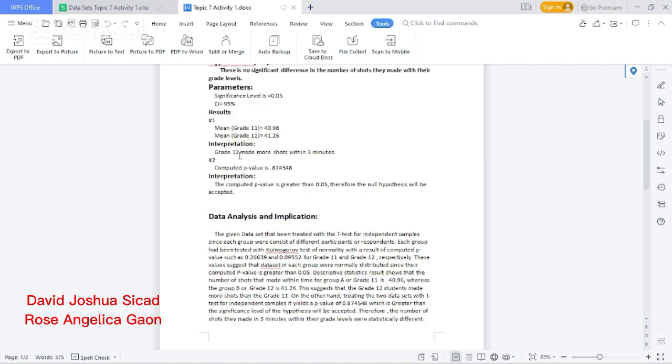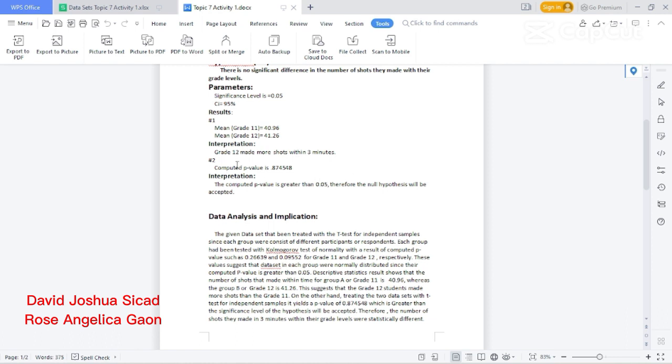The results: mean 1, or grade 11, is equal to 40.96. Mean 2, or grade 12, is 41.26. The interpretation: grade 12 made more shots within 3 minutes.